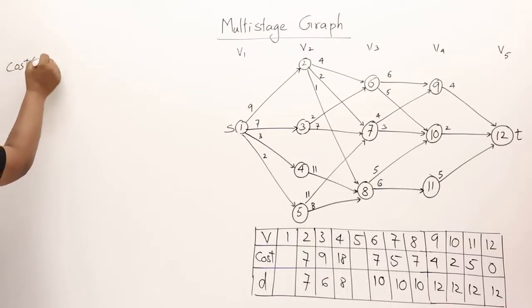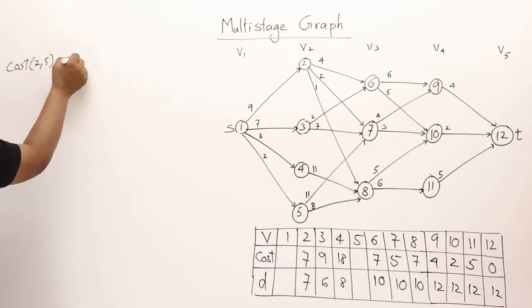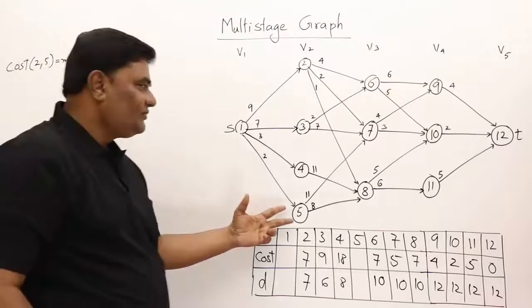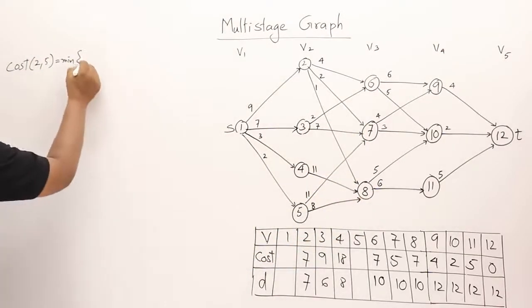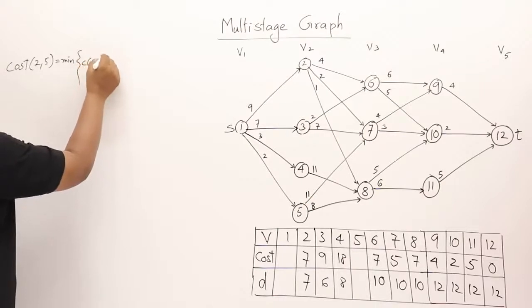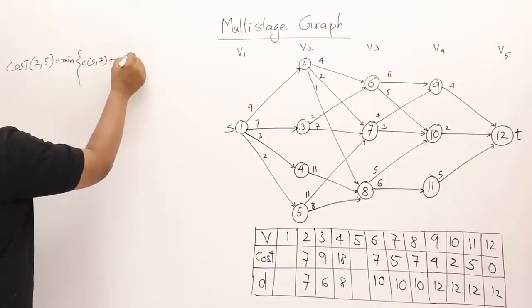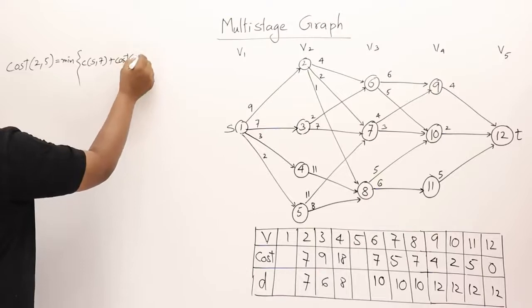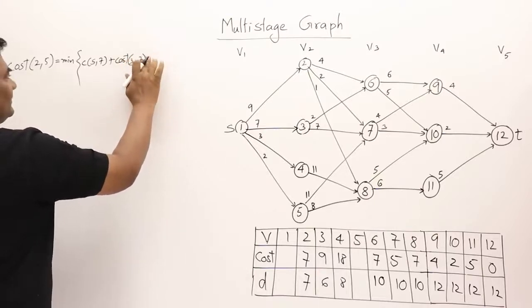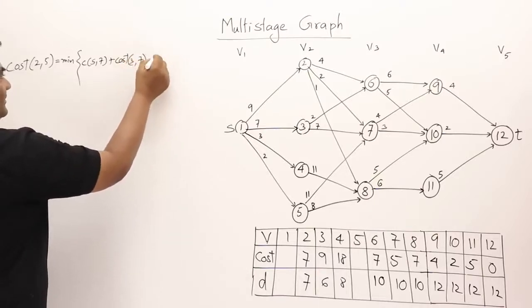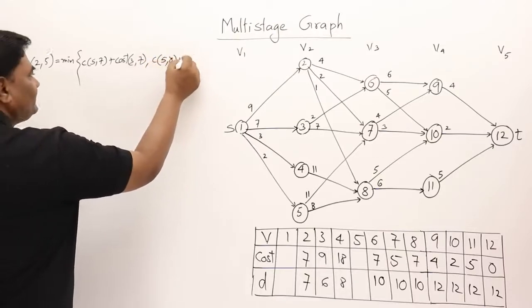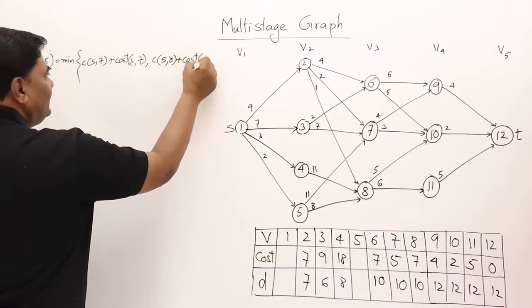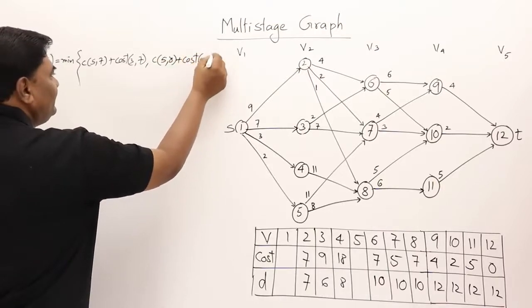Cost of second stage fifth vertex is minimum of, from 5 there are two edges. One is going to 7 and one is going to 8. So C of 5 comma 7 plus cost of seventh vertex in stage 3, comma, cost of an edge from 5 to 8 plus cost of vertex 8 in stage 3.